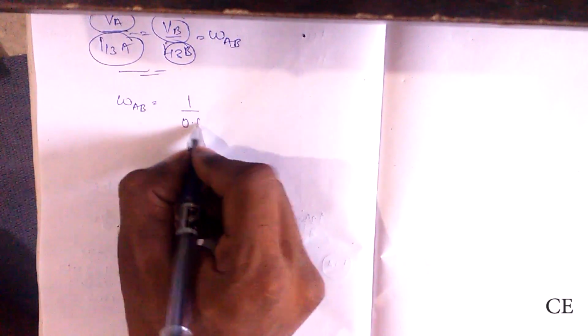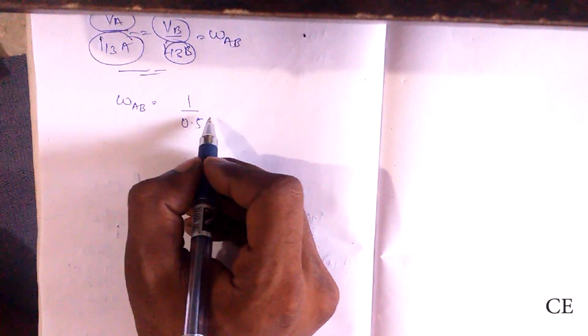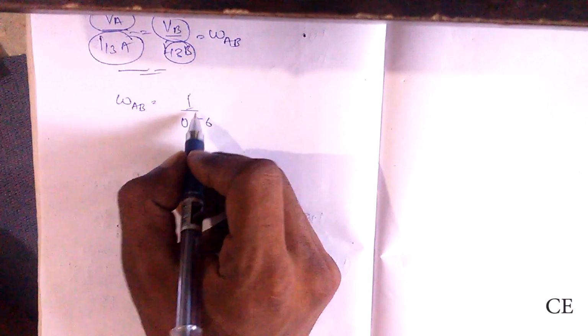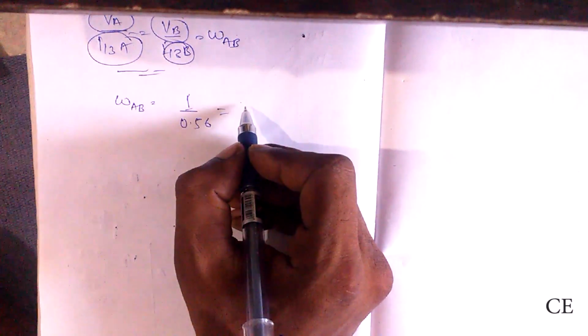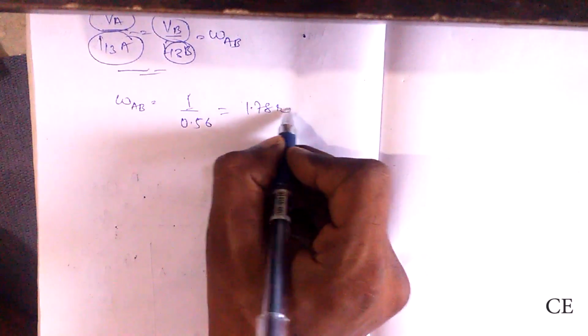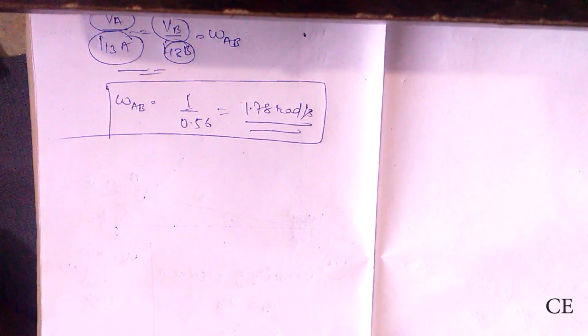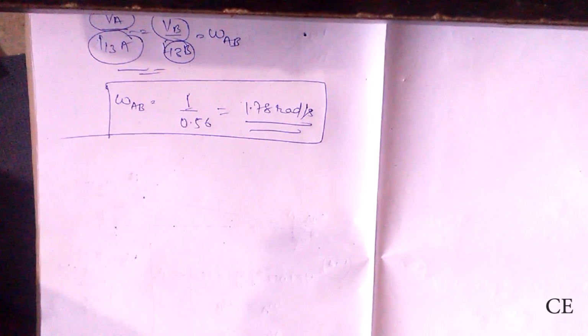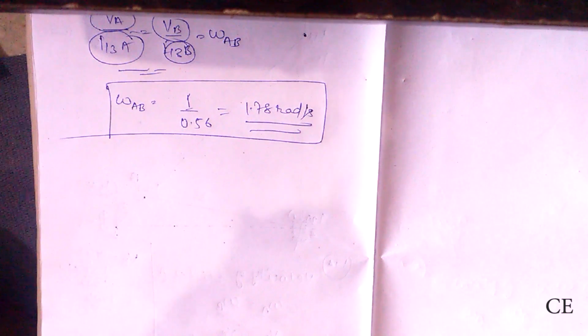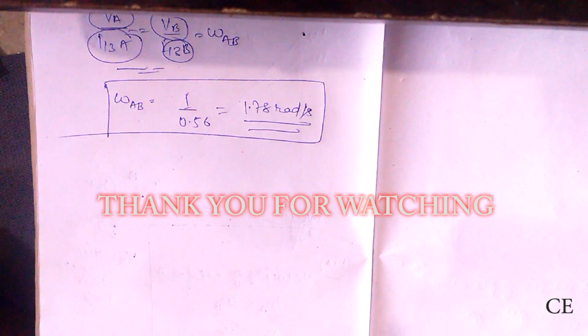I'll use VB for that. So omega AB is equal to 1 upon the length of I13B, which is found as 560 mm, so 0.56. So omega AB is equal to 1.78 radian per second. This is the angular velocity for link AB, and this is the solution for the given question.